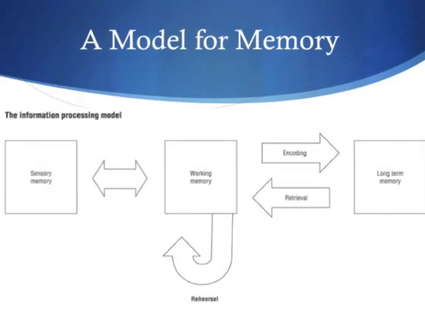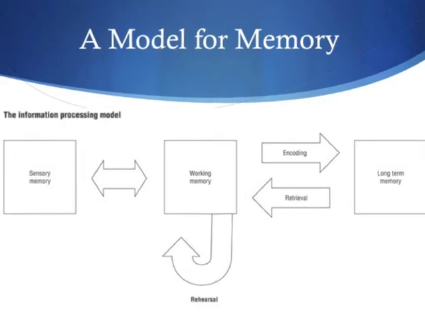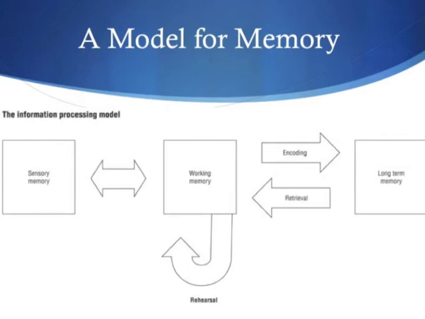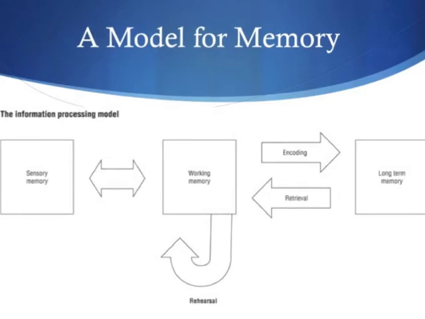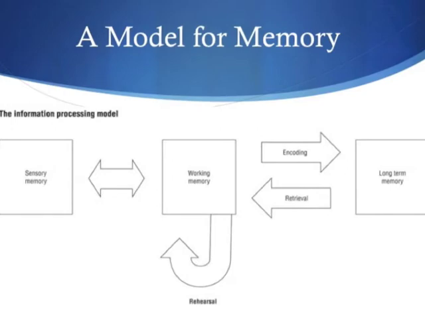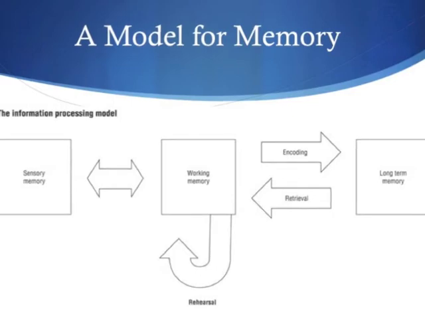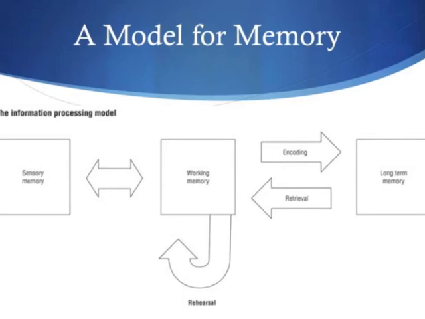Information there is only there to be processed. It's not there to hang out. So in order for information to become a memory, it has to be encoded or stored into long-term memory. Short-term memory becomes working memory when information is retrieved or a retrieval process occurs to bring it back into the working memory. So that happens in the same place because they have the same limitations of space and time.